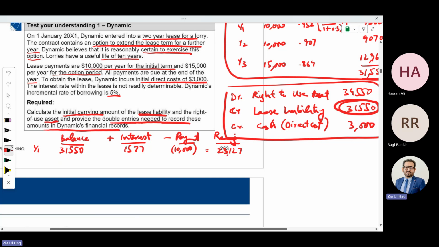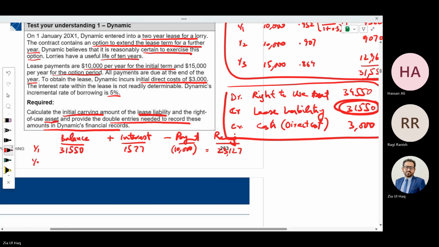That means at the end of year 1, what is your remaining liability? That is 23127, because at year end you have made the 10,000 payment. Your remaining liability of 23127 is what you need to pay in the coming 2 years.